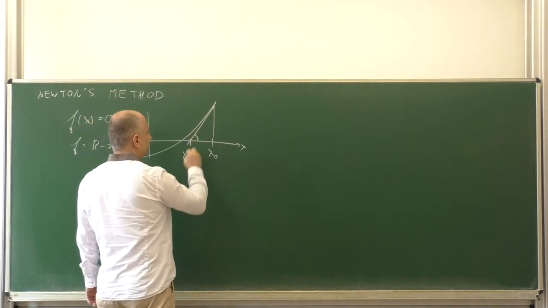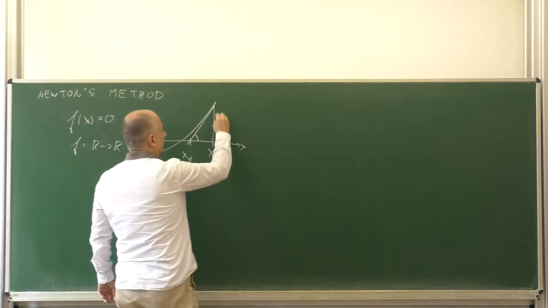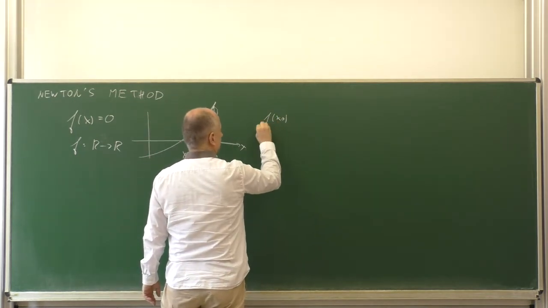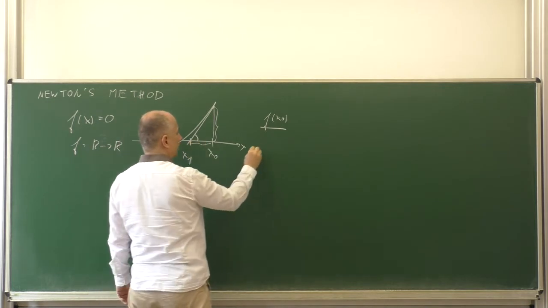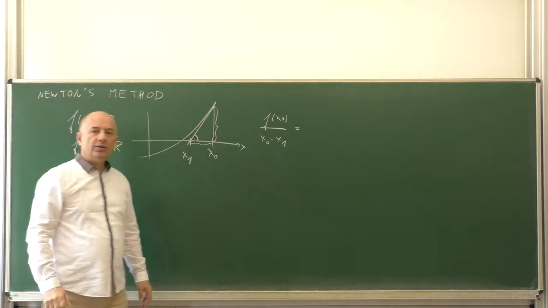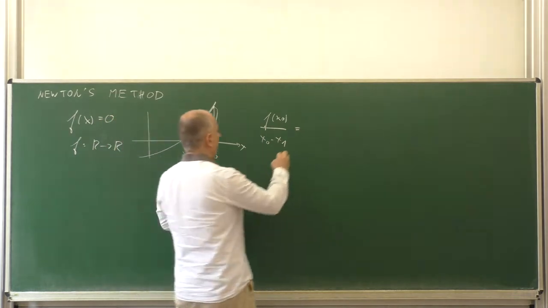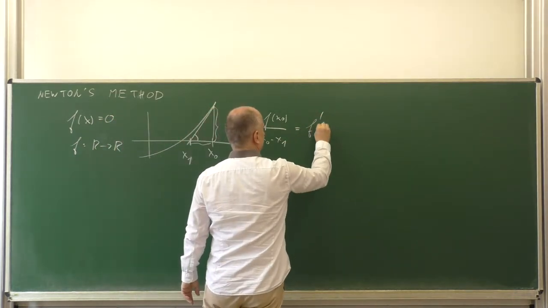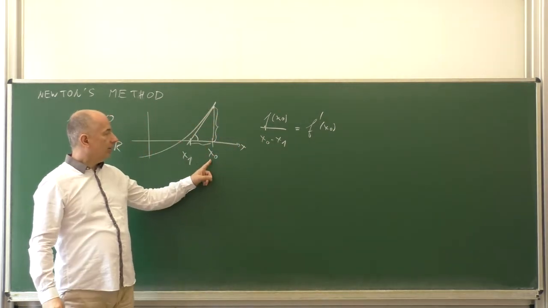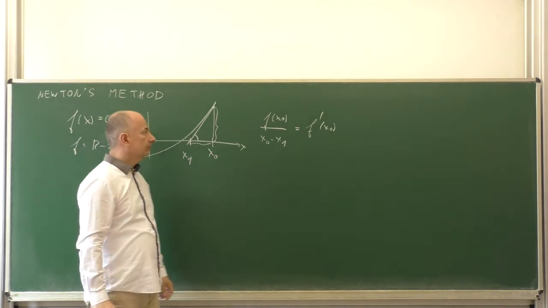We can write the tangent of this angle in two ways. First, this is the function value divided by the change of the argument, and also this is equal to the slope of the tangent, which is the derivative of the function at the point x0. And knowing x0, this is an easy equation for one unknown x1.